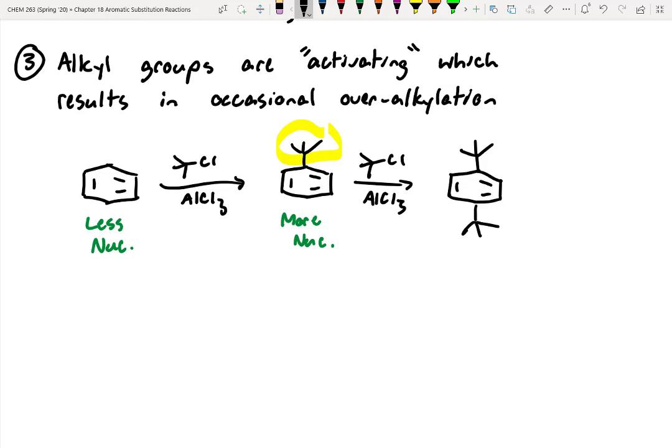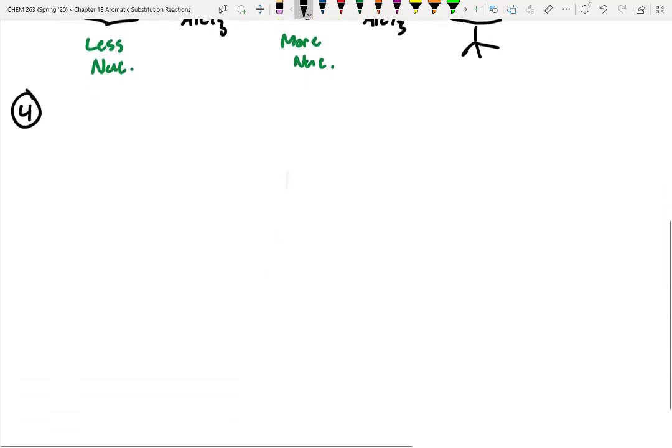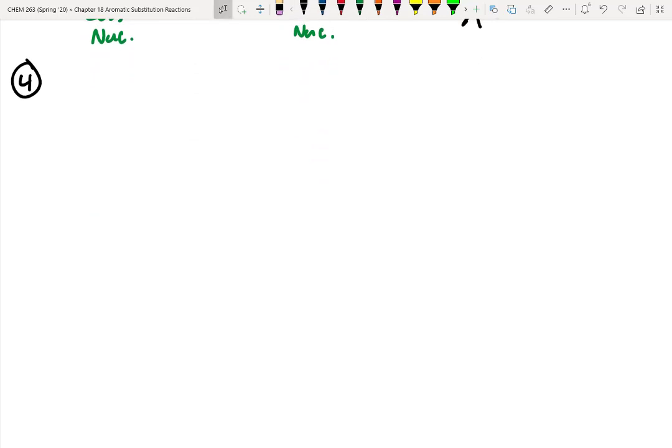All right, there's one last thing we need to talk about, and that's one major pitfall with this reaction. This has to do with strongly deactivated rings. So strongly deactivated rings simply won't do this reaction.